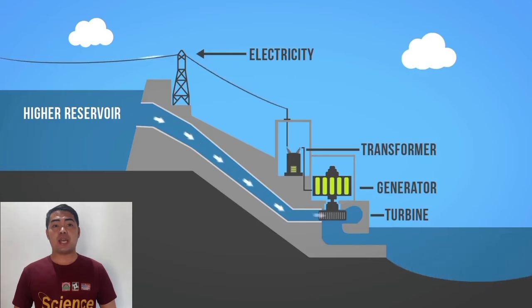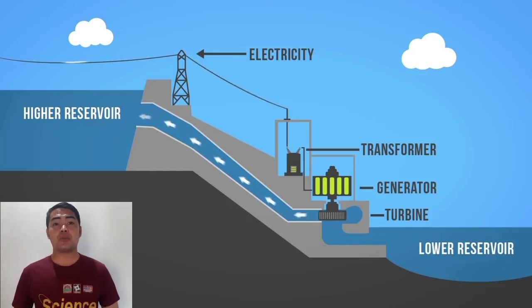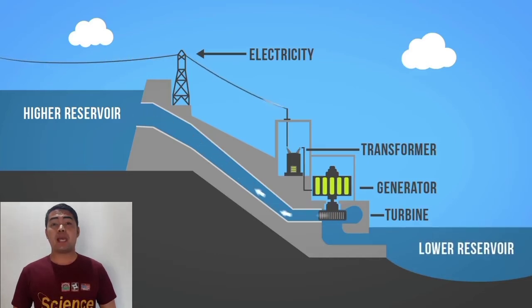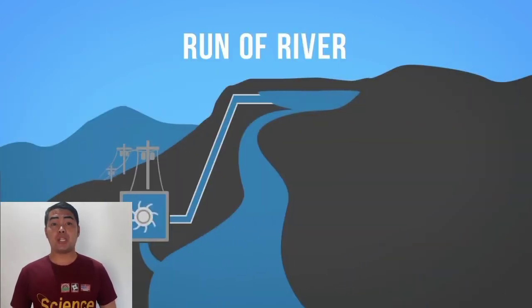The elevation created by the dam creates gravitational force, turning the turbine when water is released. Some dams also contain an additional reservoir at their base, where water is stored to be pumped to the higher reservoir for release when electricity is in demand. This is referred to as pumped storage hydro.